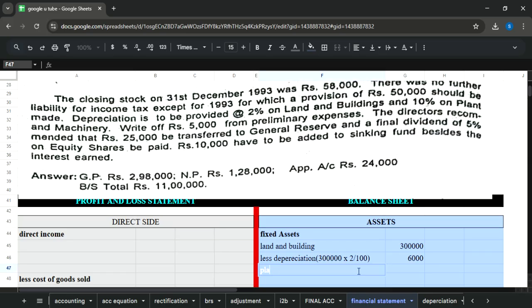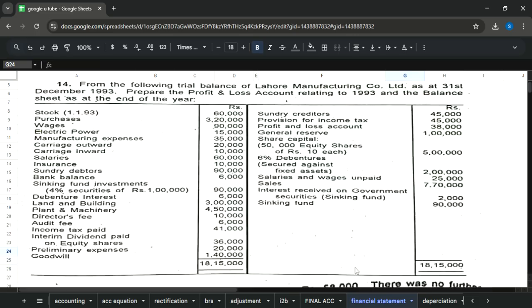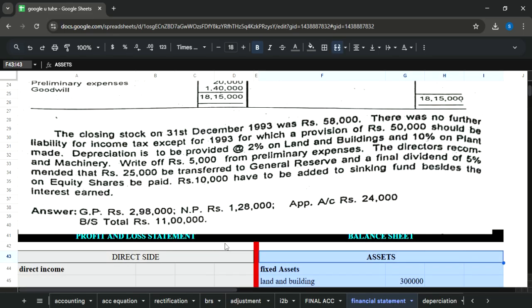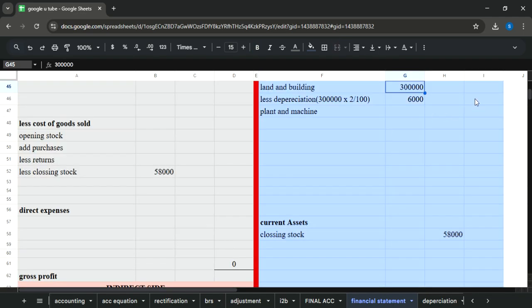Let's go to the fixed asset side, plant and machinery. See how much the amount is. This is your plant and machinery, 450,000. Put 450,000 over here, and the next part is to charge depreciation. 450,000 is the amount, and we will take 10%.